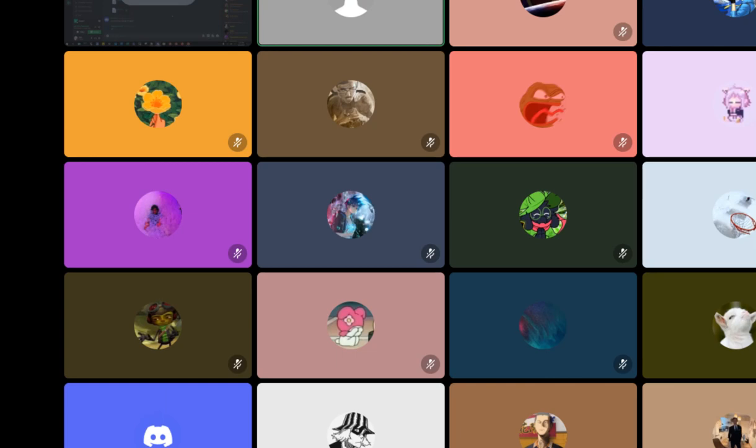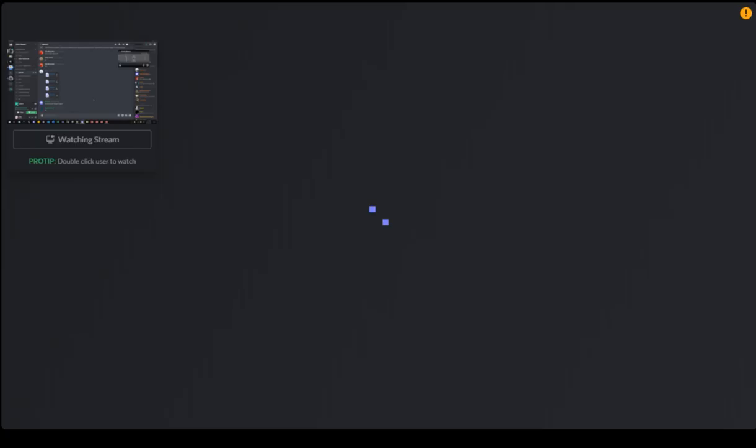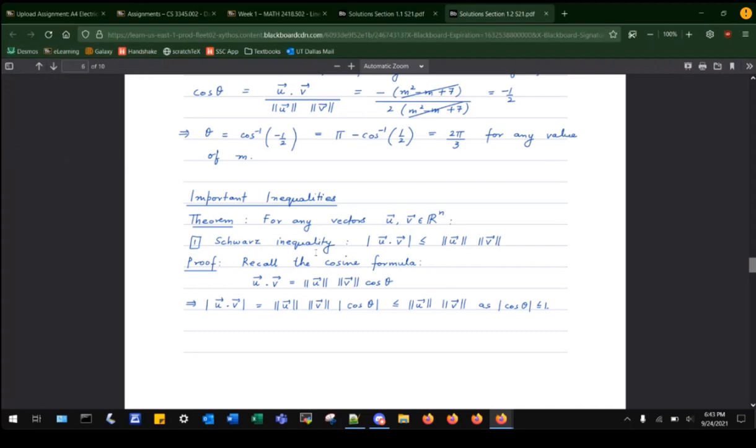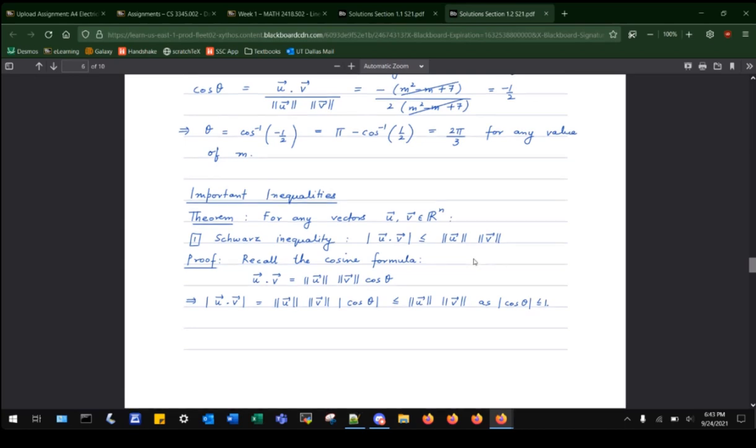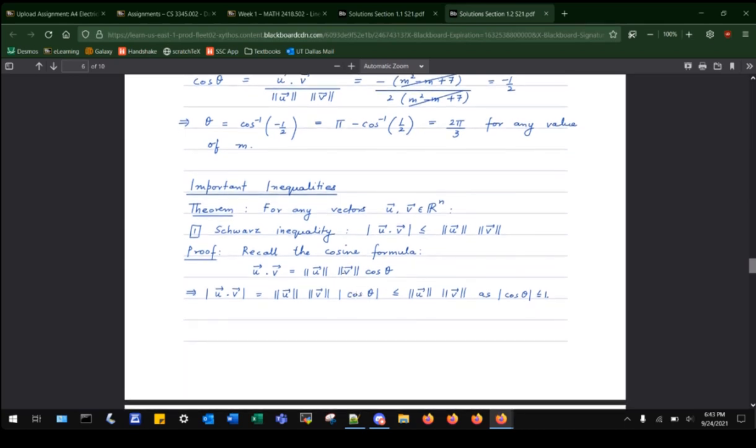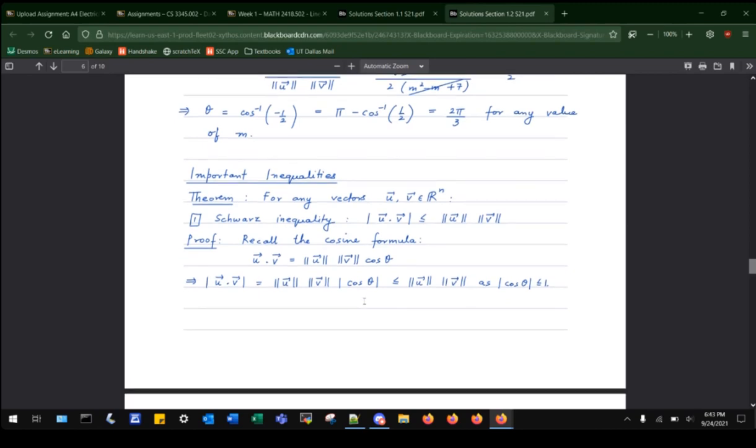So basically when the dot product is 0, they're orthogonal. The Schwarz inequality says that the magnitude of the dot product of two vectors is less than or equal to the product of their magnitudes. And this comes as a result of the fact that cosine theta is between -1 and 1.